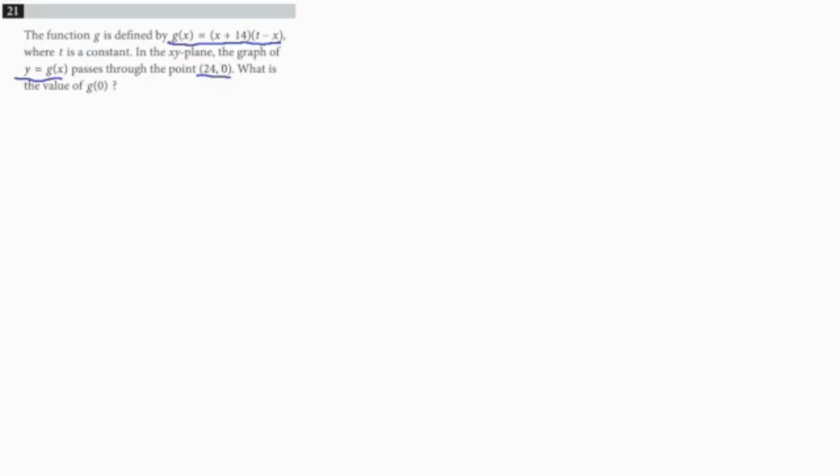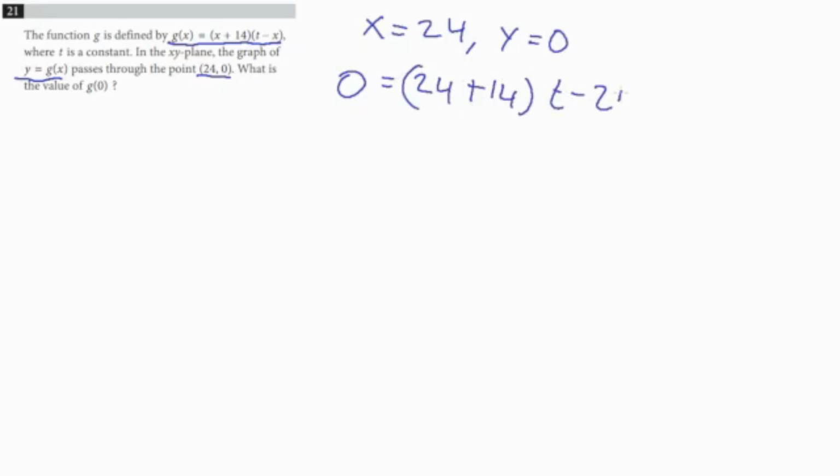So let's do that. We know that x is going to be 24 and that y is going to be 0. So we plug that info in. g of x is the same as y. They tell us that, but that's just common sense as well. So we put in a 0 for y, and then we put in a 24 for x, and then again another 24 for x.